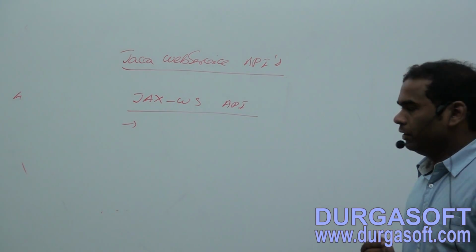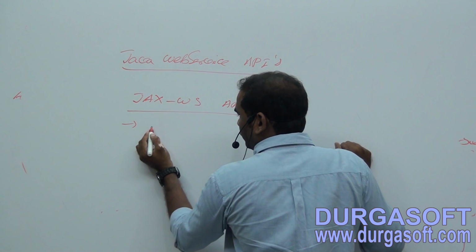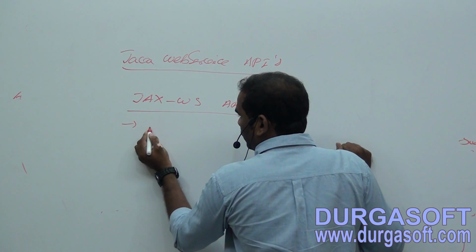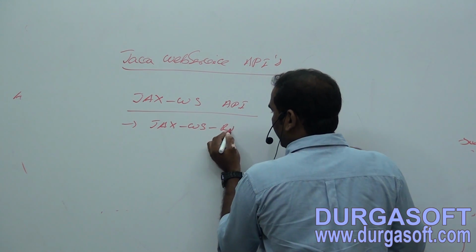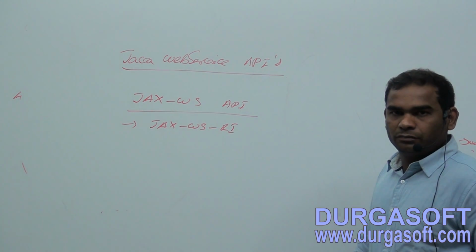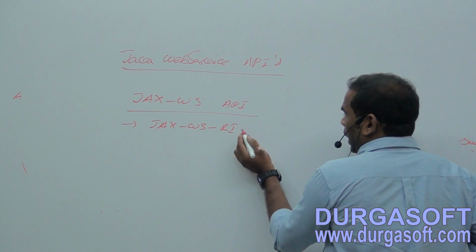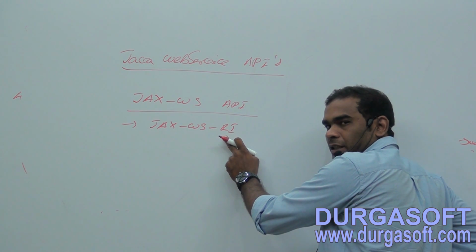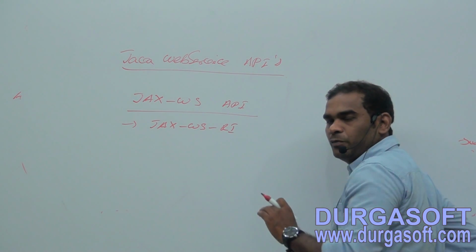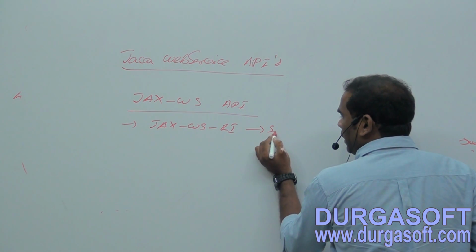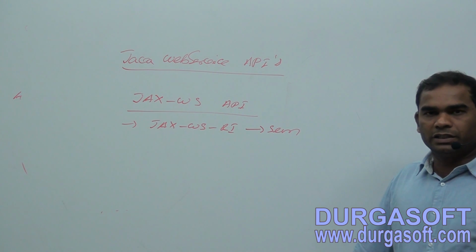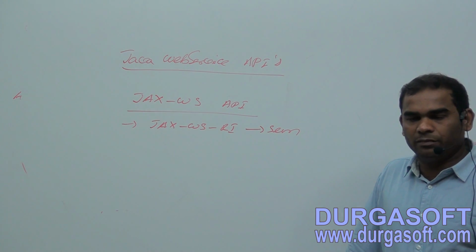One is JAX-WS RI. The full form of RI is reference implementation. Reference implementation means it's not a full implementation. This is given by Sun Microsystems.